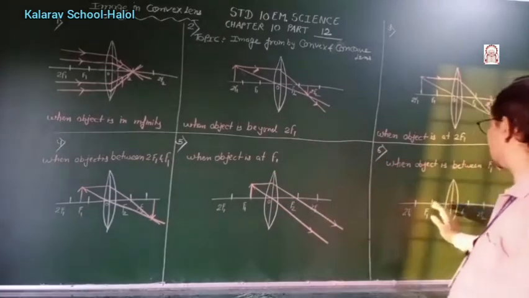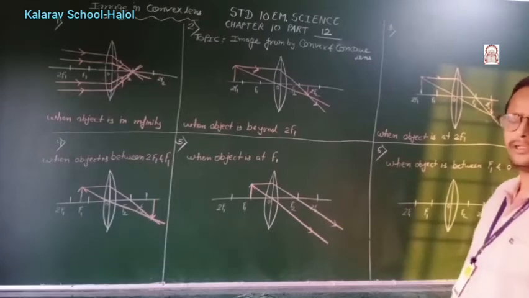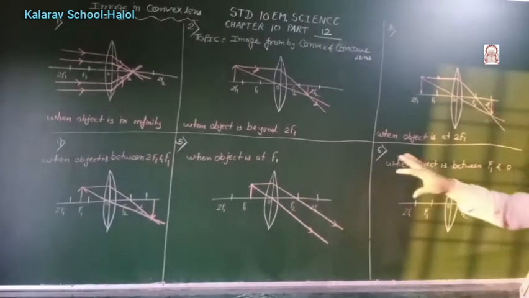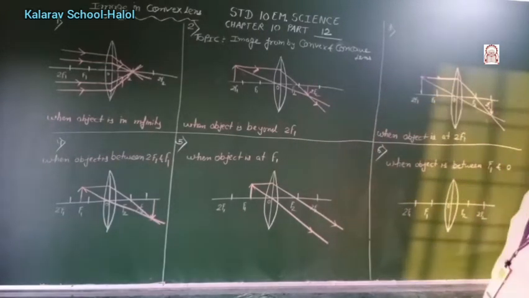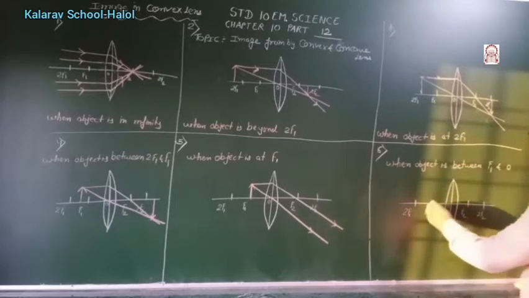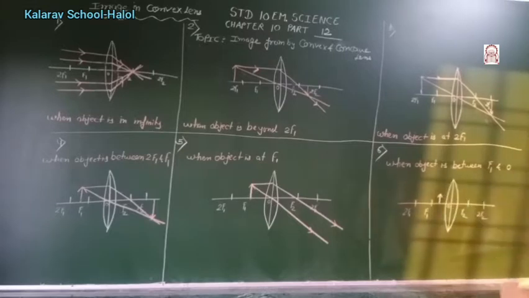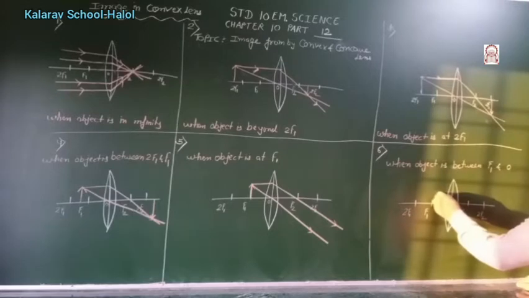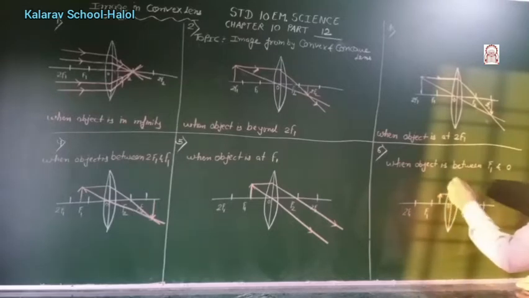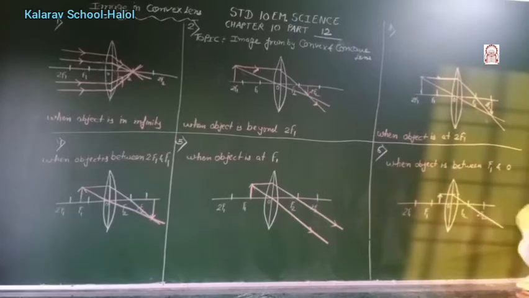Now see this last situation, which is most important, because it is a little different from all these 5. If the object is between F and O, meaning between F1 and the optical center, in that condition the ray will pass parallel and then to the focus, and the second will pass through the optical center.